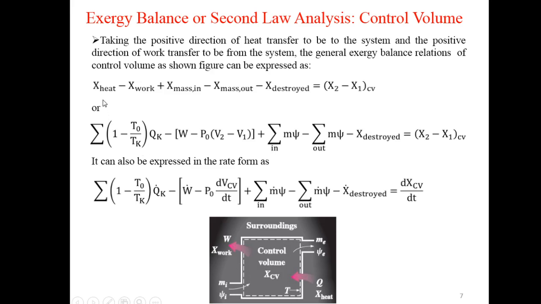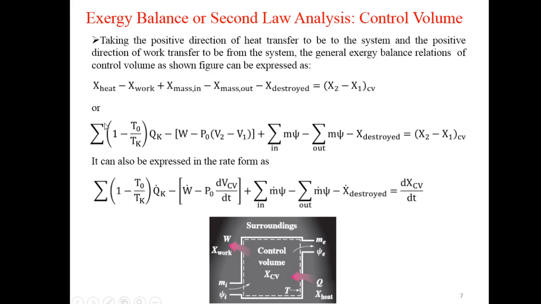So exergy due to heat minus exergy due to work plus exergy due to mass in minus exergy due to mass out minus exergy destroyed is equal to change in exergy of the control volume, X2 minus X1.